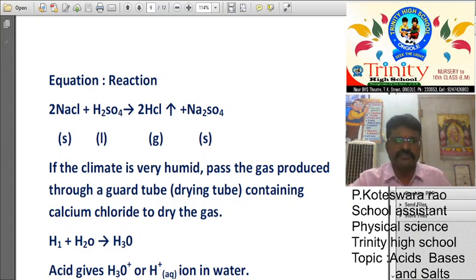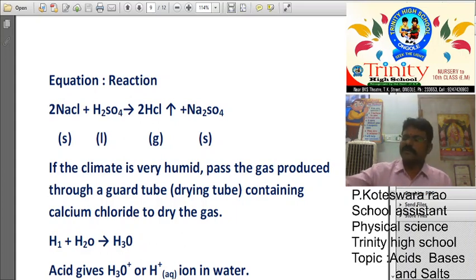So according to our equation, what is the gas? The gas is nothing but hydrochloric acid or hydrogen chloride gas. So it is an acid gas. Okay. Then we take a dry litmus paper at the mouth of the gas valve. Did you observe any color? Actually it is a blue dry litmus paper. Is it possible to change any color? Not possible.